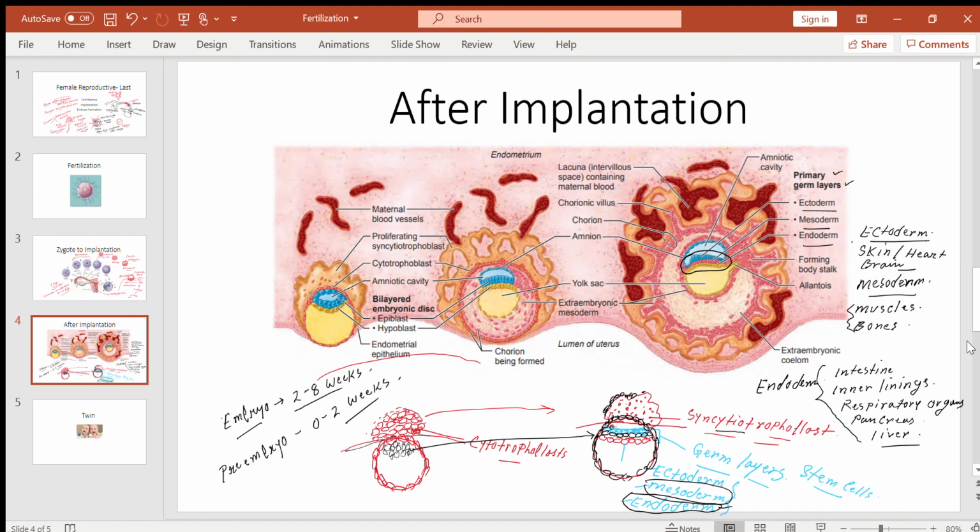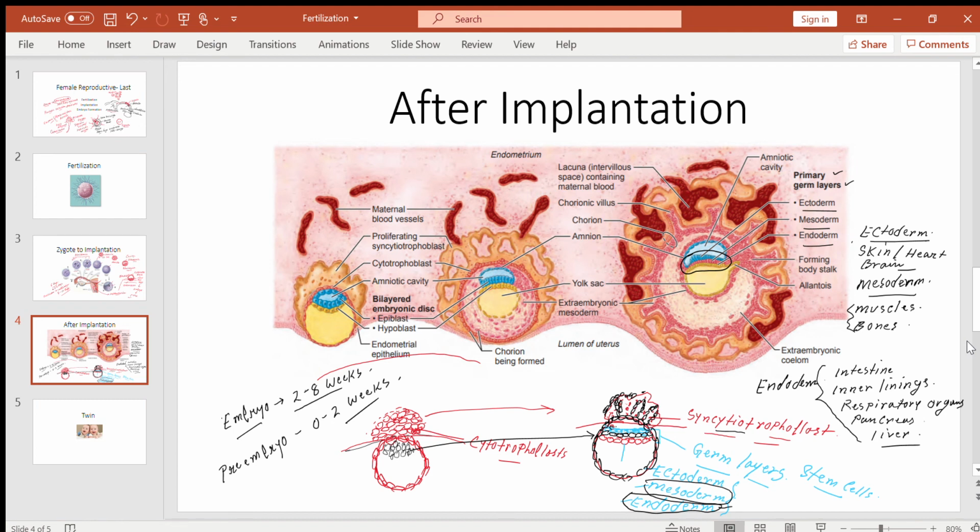These cytotrophoblasts will start to go inwards, inside the syncytiotrophoblast, and will form, you see here, finger-like structures.